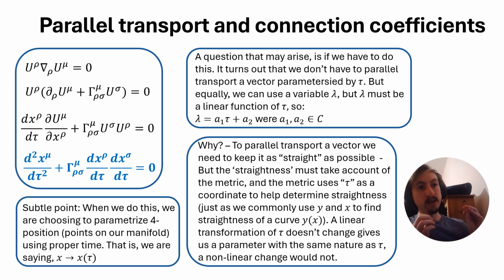Now, you might think, well, okay, we now have an equation for parallel transporting for velocity, but what is its real meaning when we express it in terms of full position?